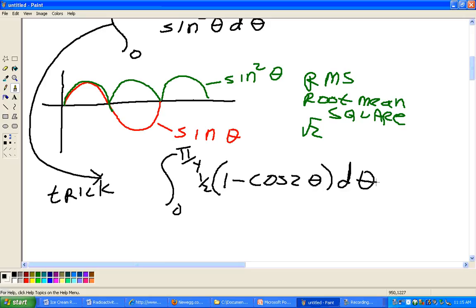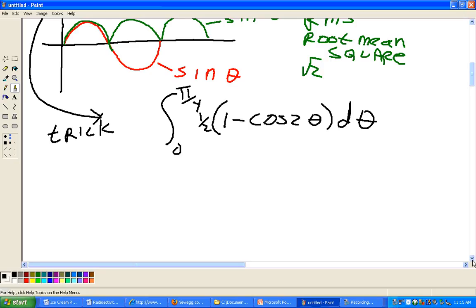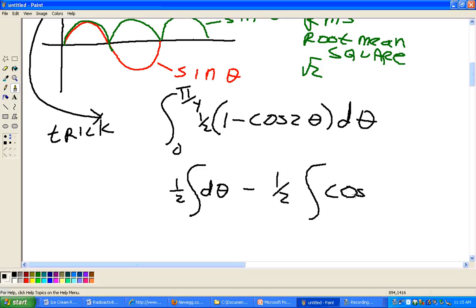Instead of keeping it as the sine squared, turn it into something without squared values. We can distribute. This is the trick. If you don't know to substitute that, you won't be able to get it.